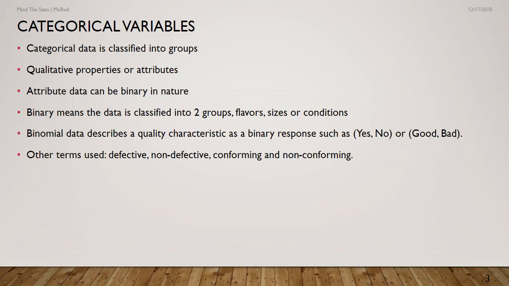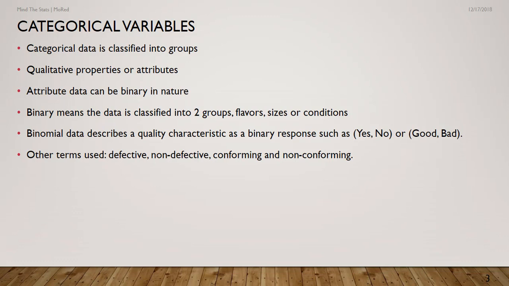The binary attribute data are limited to two choices, such as yes or no, or good or bad, or on or off. The binary data is used in quality control, public opinion surveys, and medical research.